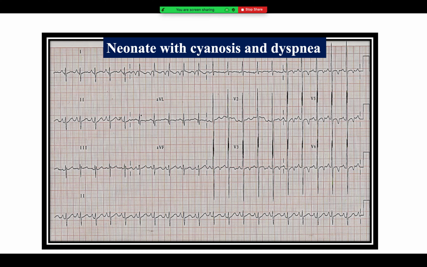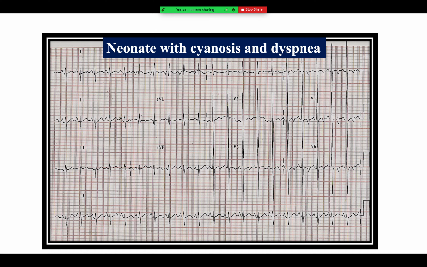What about this neonate? Neonate with cyanosis and dyspnea. What is happening over here? There is sinus rhythm with right axis deviation, right atrial enlargement with right ventricular hypertrophy, and Q wave is present in lead aVL.